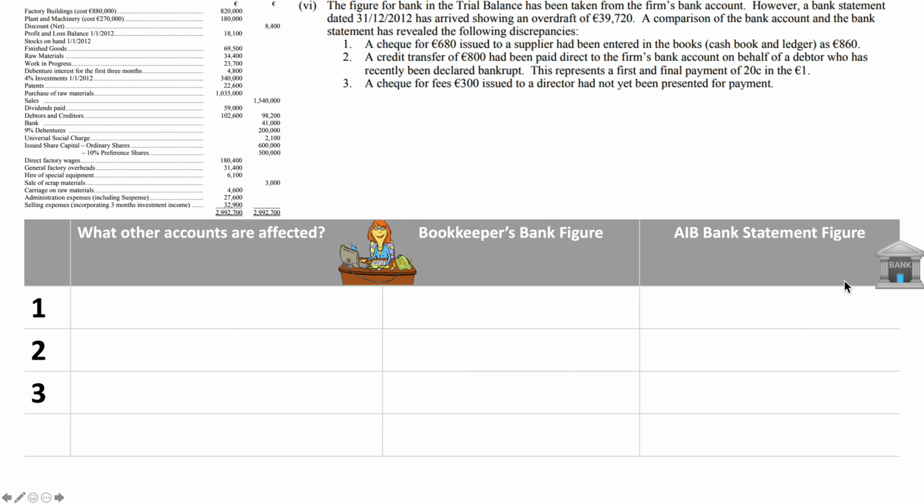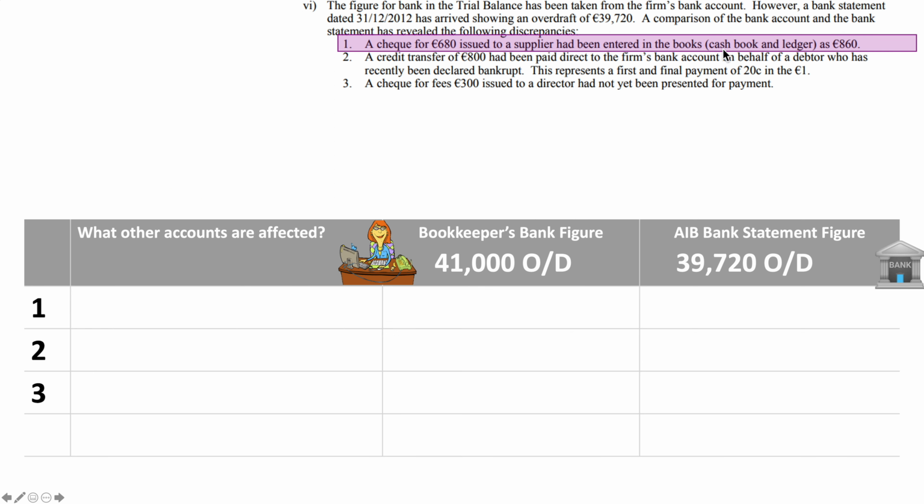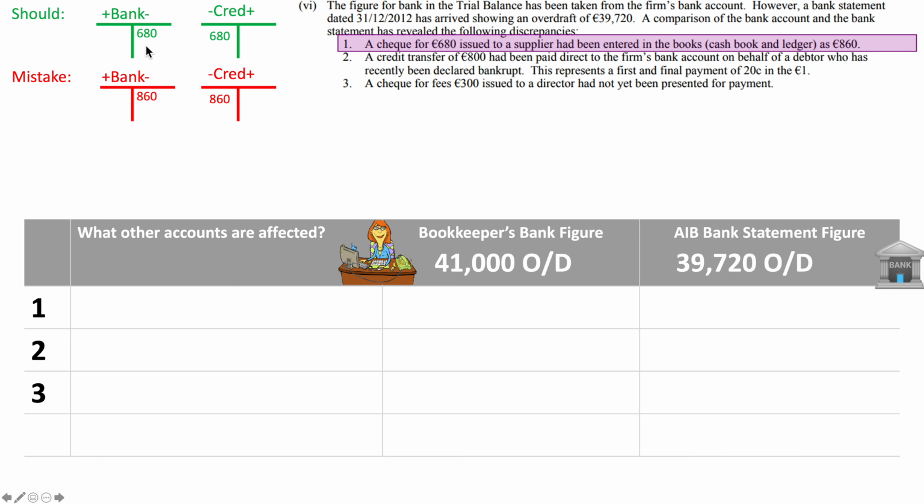So again, the bookkeeper's bank figure and the bank figure are different, and we need to reconcile them. Only one of these items relates to our creditor, so that's all we're going to look at now. So a cheque for 680 issued to a supplier had been entered in the books, cash book and ledger as €860. So this is what the bookkeeper should have done.